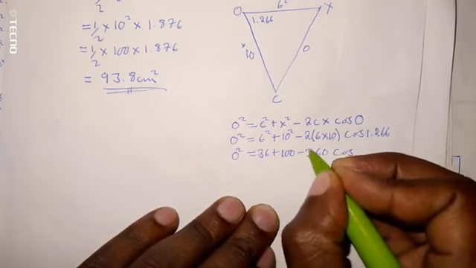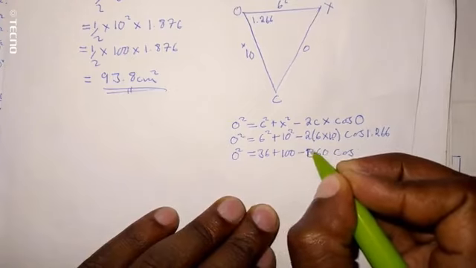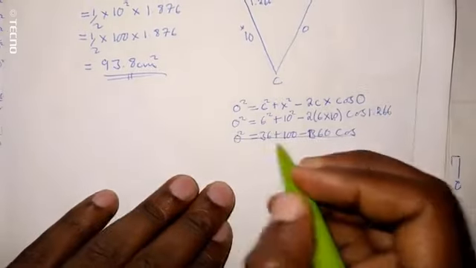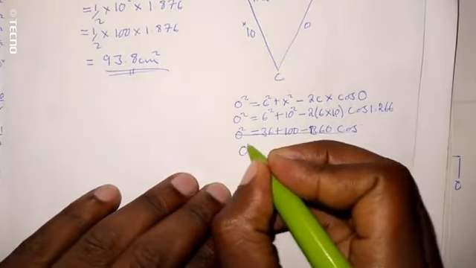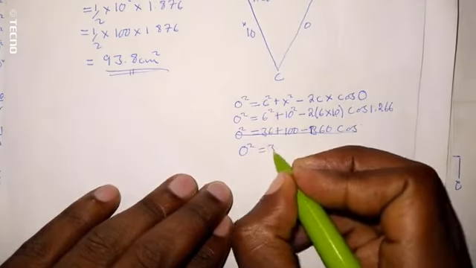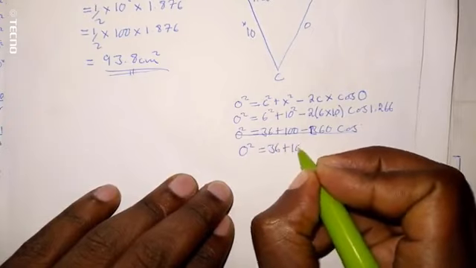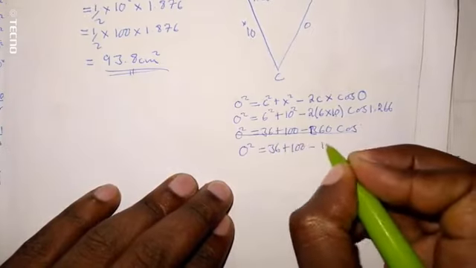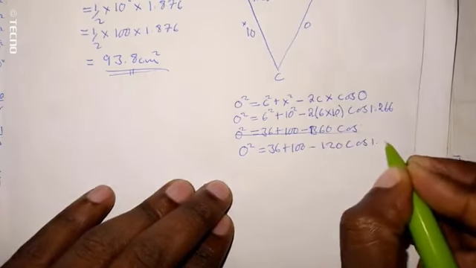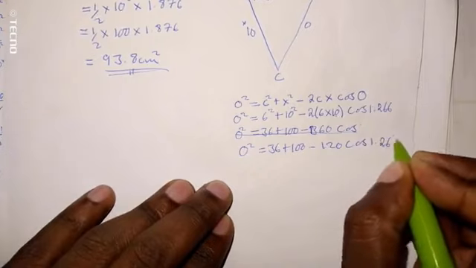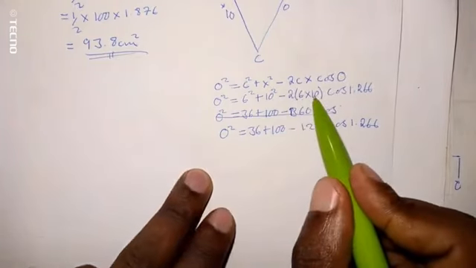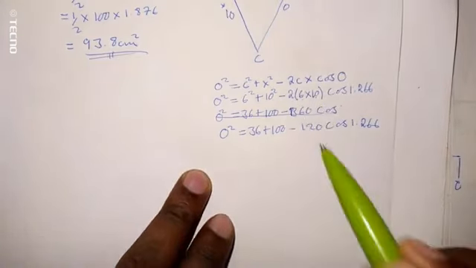To give us 120, okay. Let me erase this. So we have O squared is equal to 36 plus 100 minus 120 cos 1.266. So 6 times 10, you get 60, times 2, it's 120.